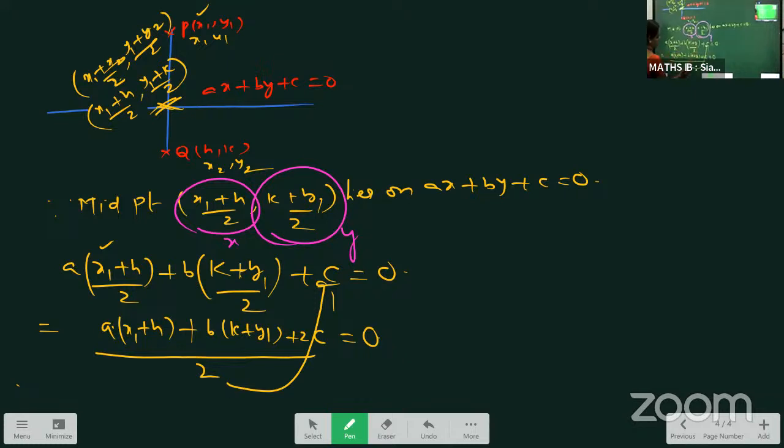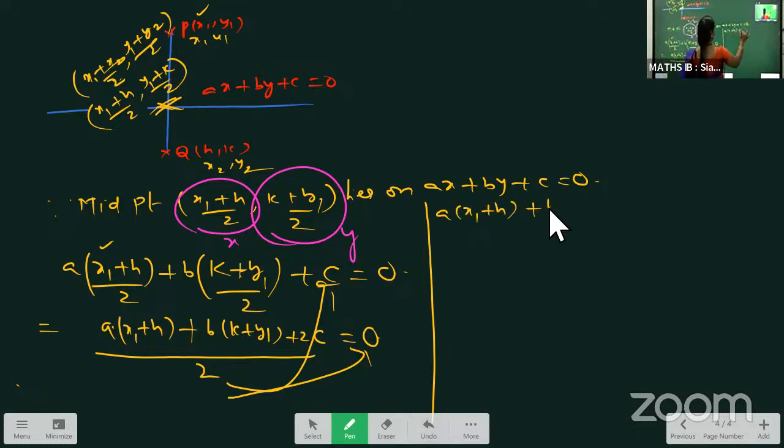Now do the cross multiplication with 2. Then the denominator will totally disappear. It will be 0. Only the numerator will be left. A into x1 plus h plus b into k plus y1 plus 2c is equal to 0.